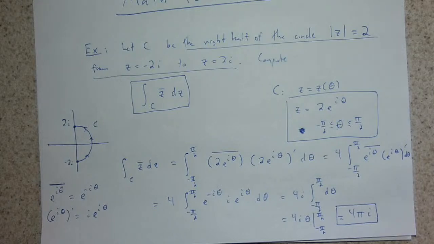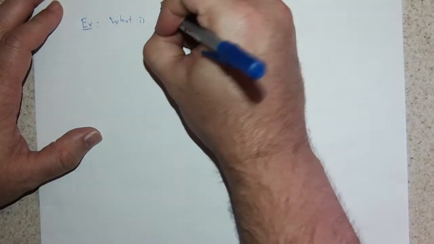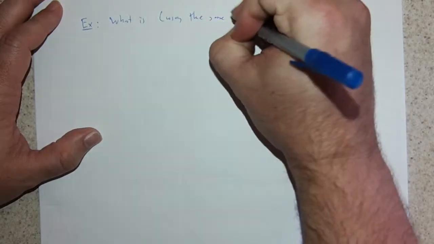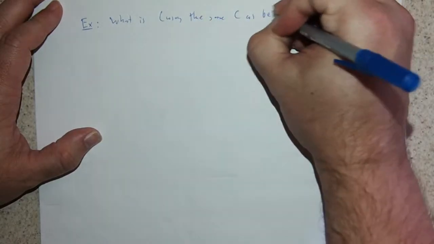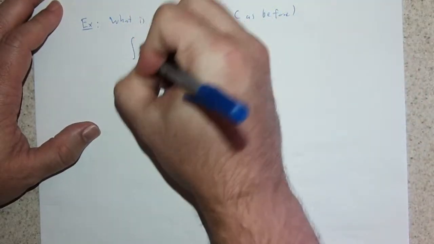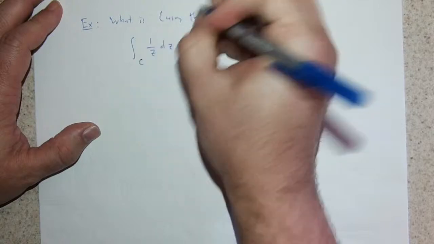Now, you might also notice an example. Using the same C as before, what is the contour integral over that C of 1 over Z dz?